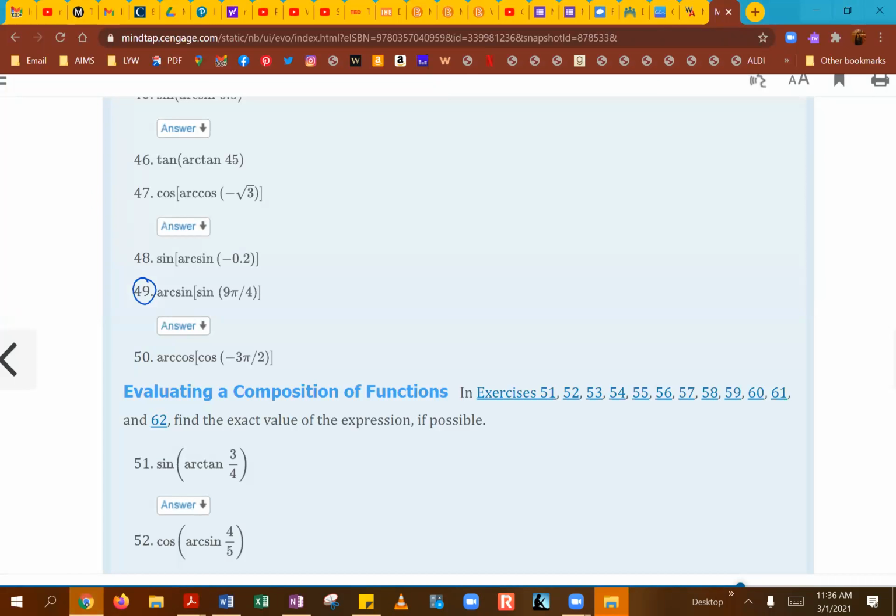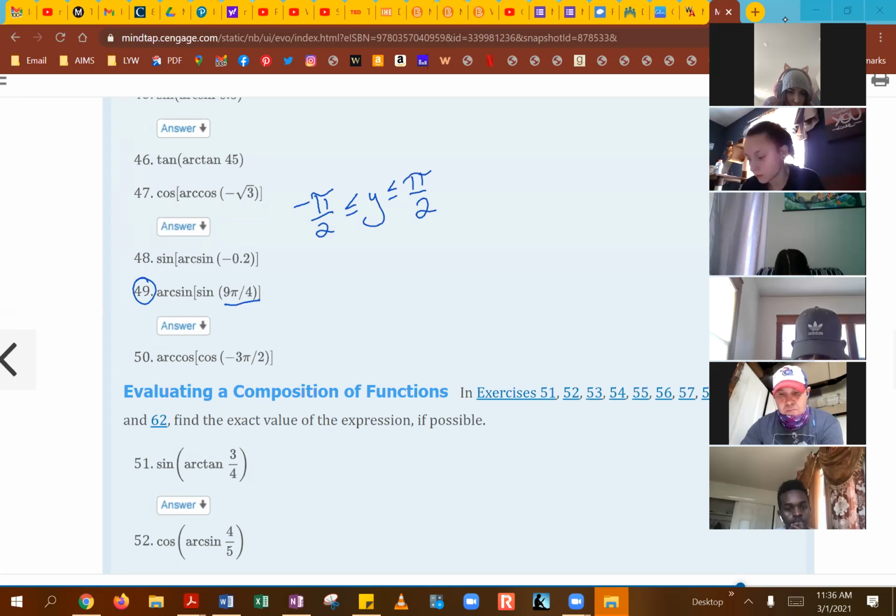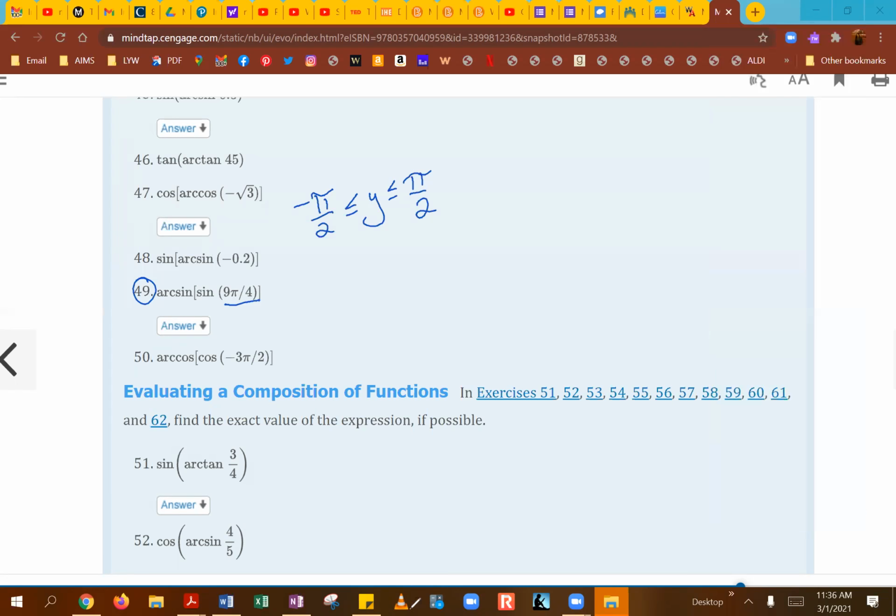So you kind of have to look at this 9 pi over 4, and you have to think, is 9 pi over 4 between negative and positive pi halves? And if it helps, look at the unit circle again to help you visualize it.